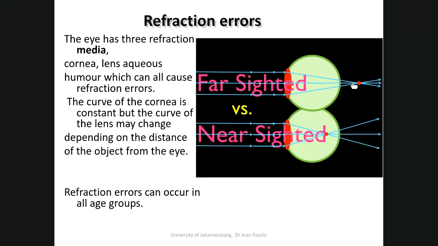If it is behind the retina, we say that the person is far-sighted. And if it is happening in front of the retina, we say that the person is near-sighted. Anyone who's wearing glasses generally has this problem of refraction errors.